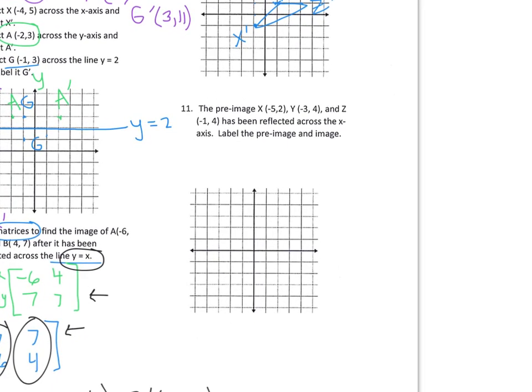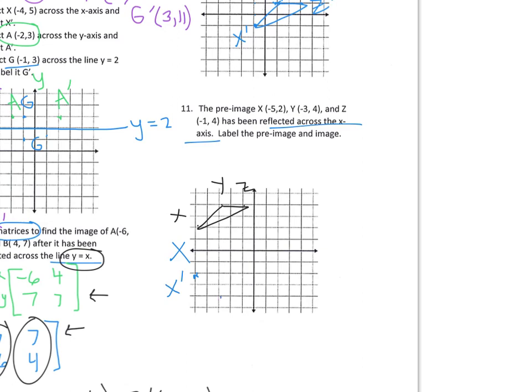And then graph and do the same thing with X, Y, Z, except this time it's going to be reflected across the x-axis. So this is my x-axis, so it's going to be down here. Negative 5, negative 2 is X prime.